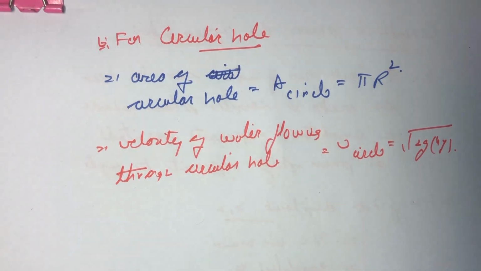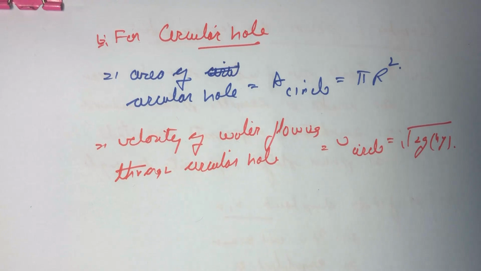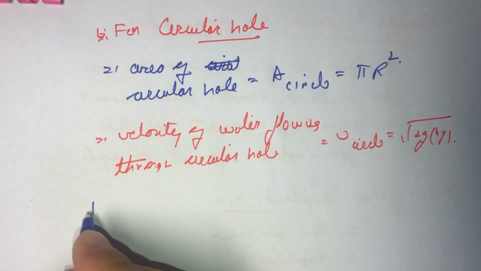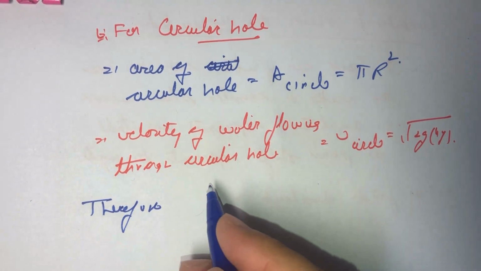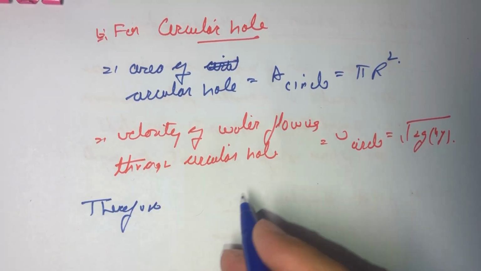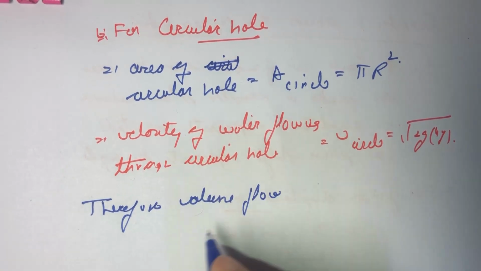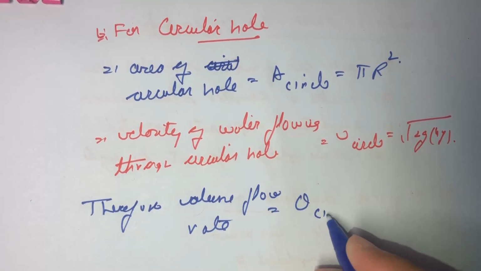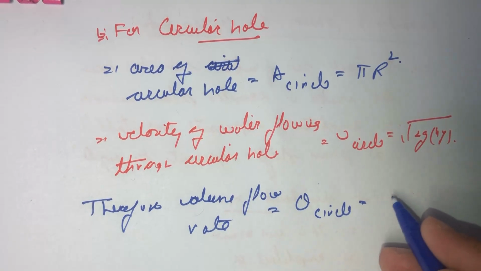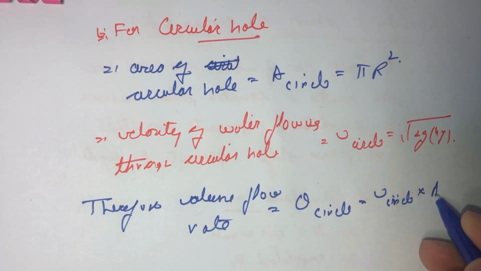Therefore the volume flow rate, let us suppose it is given as q circle, is equal to v circle multiplied by A circle.